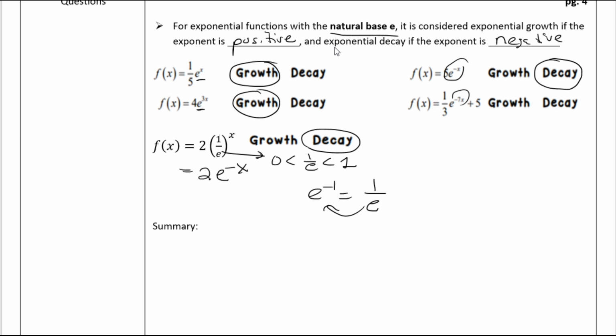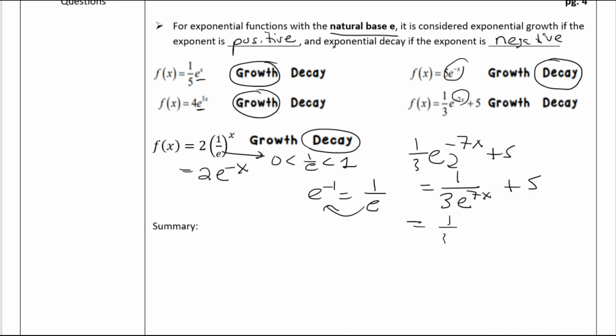This one, negative exponent, becomes like a 1 over e. So if you were to rewrite this, just so that you guys know, because you have a negative exponent, you flip the e down, so it becomes 1 over 3e. The e goes with the 3 on the bottom, and then it becomes positive 7x. And then you have the plus 5 hanging out there. But see, this base is on the bottom.